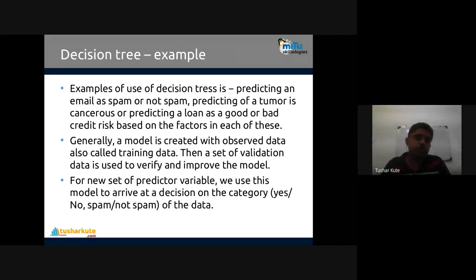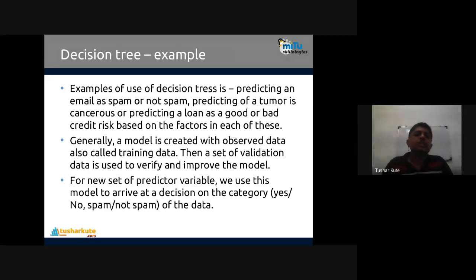This algorithm can be used in banks also, to decide whether to give a loan to a customer or not, based on his credit history and comparing with others. Already we have data for the customers who were granted loans, and what their history was. Using that, we build a tree, and that tree will help you make a decision to grant a loan to a new customer or not.